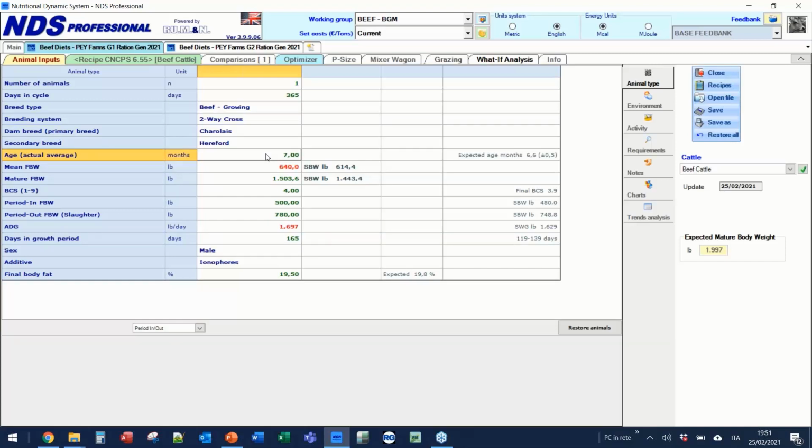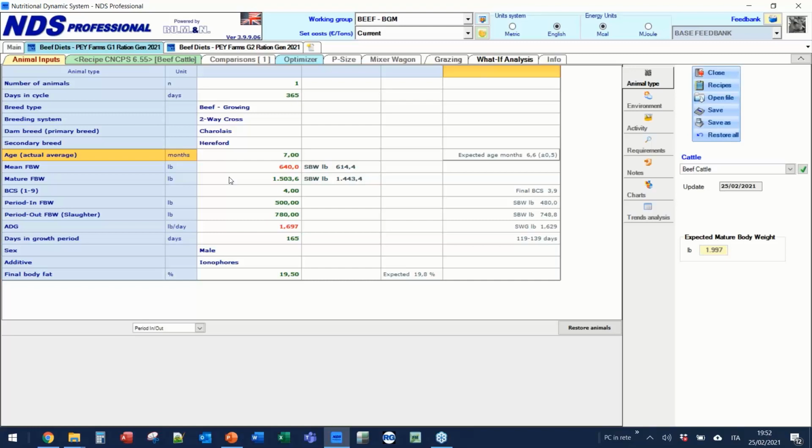It is not a critical information, and many times we do not have it. So we have an algorithm that, based on several items, tells you more or less the age of the group. And then we have to set the current full body weight and the mature full body weight.